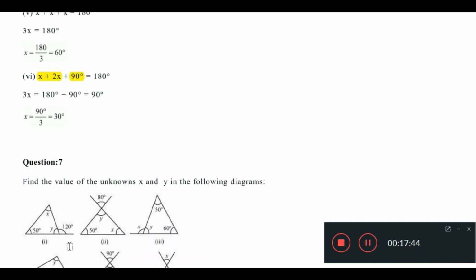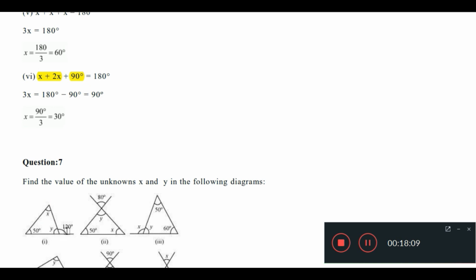Now question number 7. Find the value of unknown x and y in the following diagrams. So here we can see that we have to calculate x, y with 50 and 120. In the first case, for calculating the value of x, what can we do here?